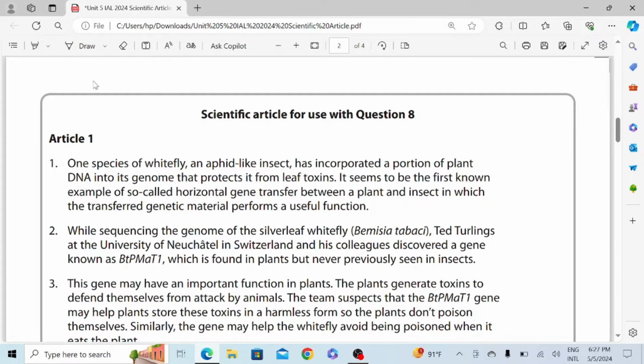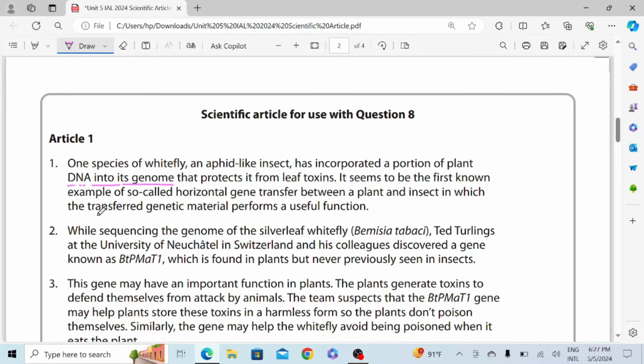Something you have to take note of is DNA into its genome. So they're talking about DNA and genome. Make sure you go through that concept, like what is genome and what is DNA, and you know everything regarding that.